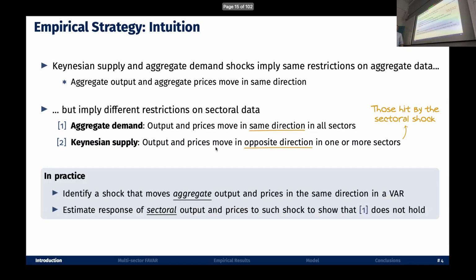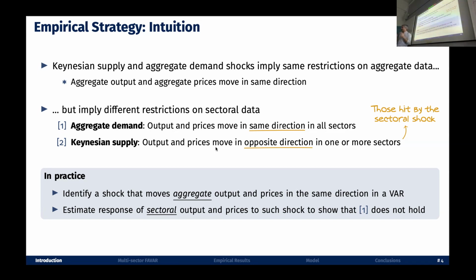Okay. And in practice, I'm going to spend basically the rest, maybe 20 minutes, formalizing this notion. What I'm going to do, I'm going to proceed in two steps. This is a bit of an indirect way to show the point that I want to show, that these guys play some role in explaining business cycles. It's indirect because I'm going to start from the aggregate data.